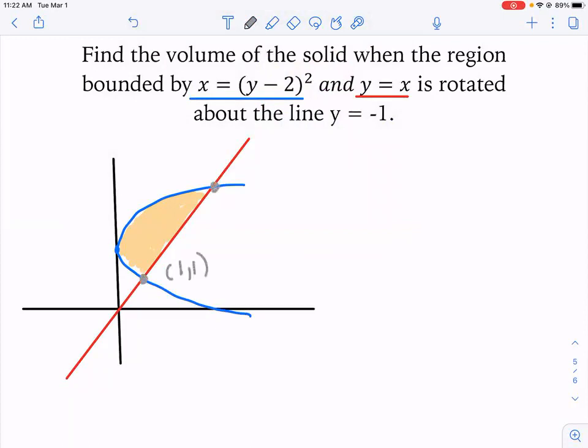This intersection up here. 3, 2. Are you sure about that? It's y equals x, people. 4, 4. That was rough.